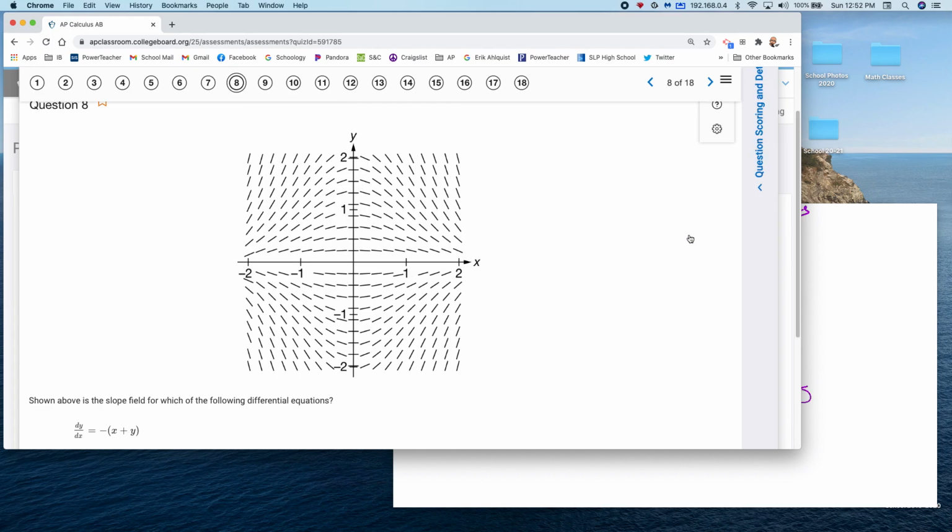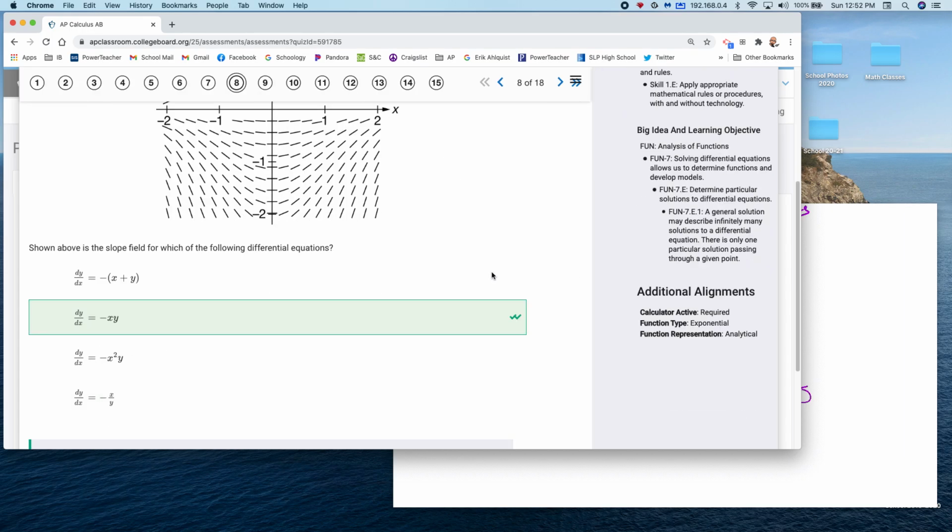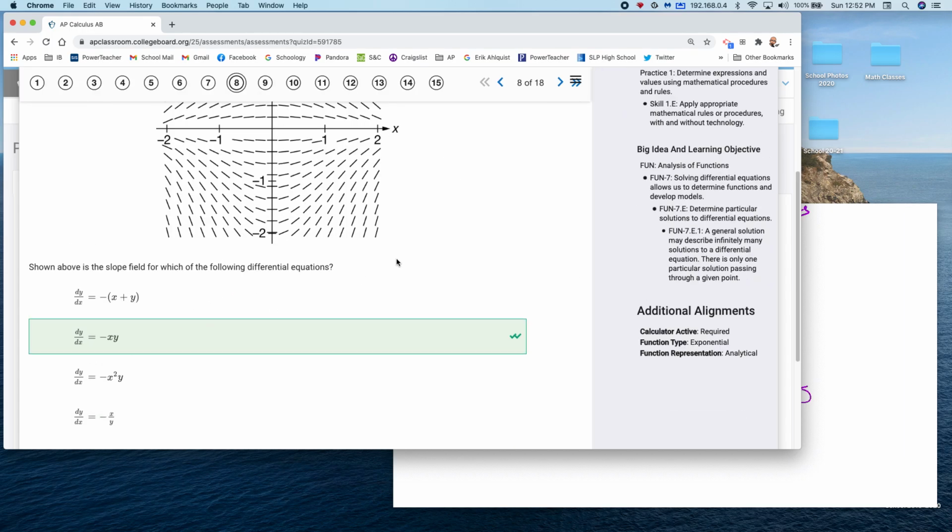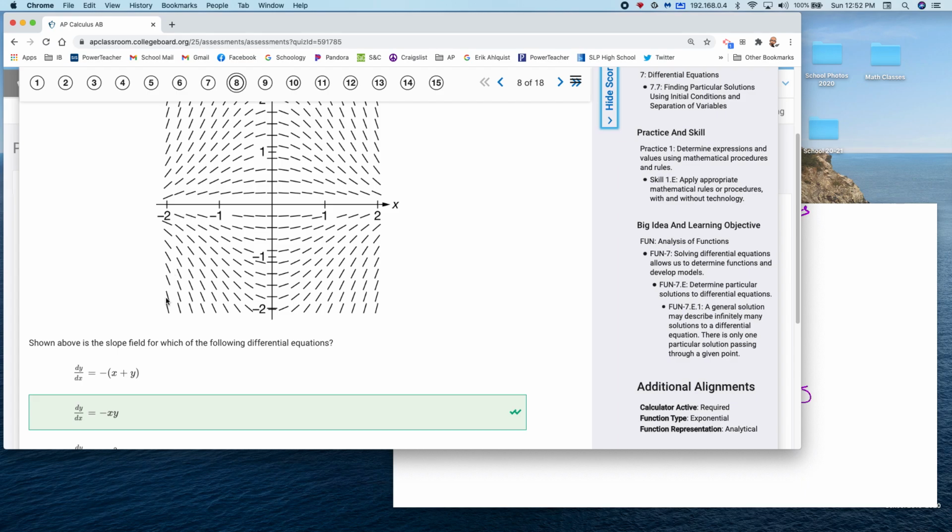Let me just grab the scoring guidelines and explain how it works. Notice that if you pick this point right here, negative 2, comma, and this is like 1/2 or something like that, you get a slope smaller than 1 right here.